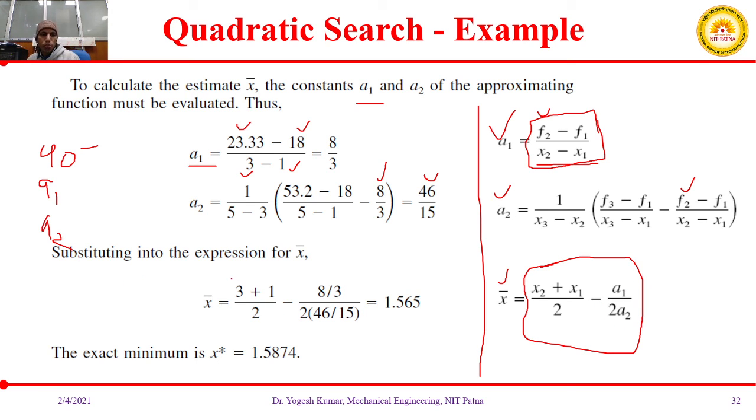This we have obtained by keeping the first derivative of the quadratic formulation equal to 0. Putting in the values, we get (3 plus 1) by 2 minus (8 by 3) divided by (2 times 46 by 15). This comes around 1.565.